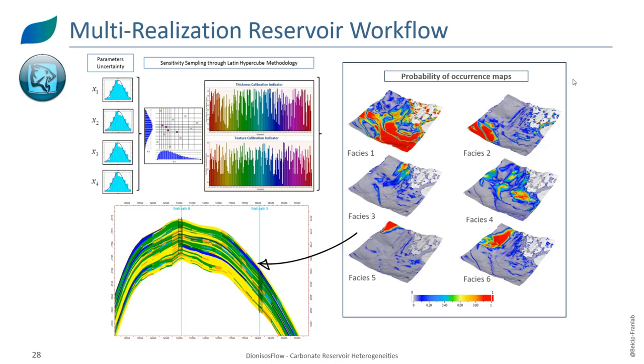And from that response surface, you can generate thousands of results on which you can do proper probability maps or grids of the different facies that can then be used as, for example, training images for your geostatistical simulations or other ways to use as soft constraints in your geomodels. And with that, you're able to incorporate that geological uncertainty into your geomodel and reservoir model eventually.